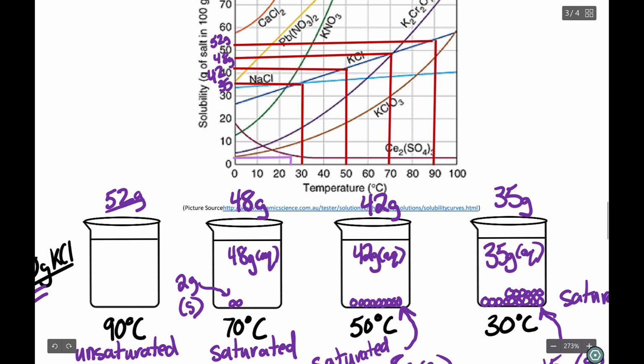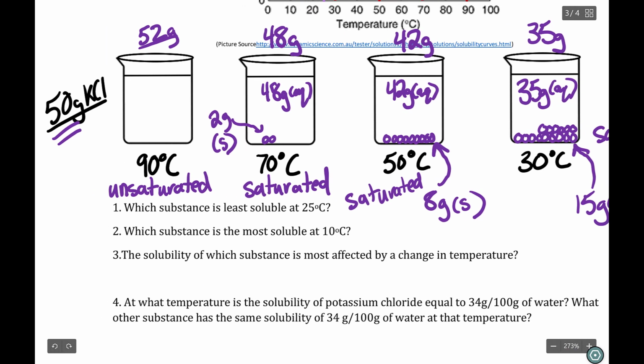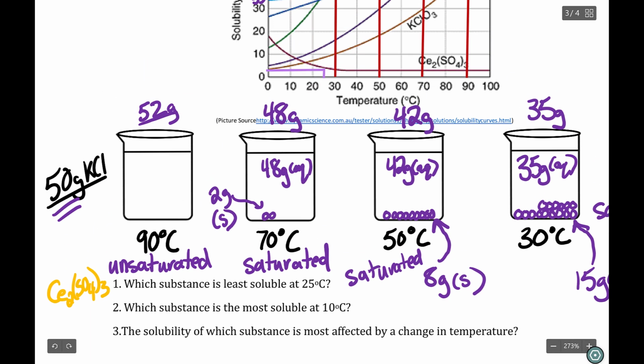Okay, this is cesium sulfate, Ce2(SO4)3, which it touches. So again, I have to go to the temperature they're asking, 25. Whichever line I hit first, which is cesium sulfate, that's the one that's going to be the least soluble.